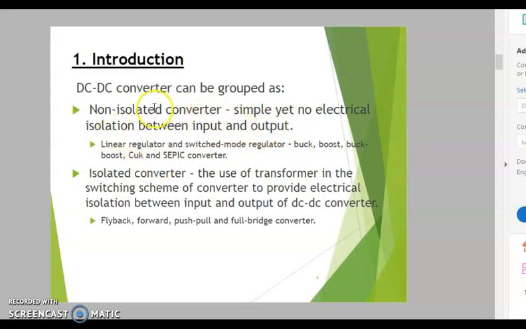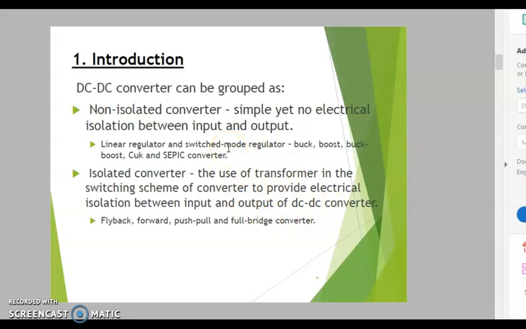Amongst this kind of non-isolated converter, we can categorize the linear regulator and switch mode regulators, such as buck, boost, buck-boost, Cuk and SEPIC converters, and some more, where the input and the output are not electrically isolated. But when we refer to an electrically isolated converter, we are referring to a converter that uses a transformer between the input and output circuit, such as flyback, forward, push-pull, full bridge and half bridge converters.